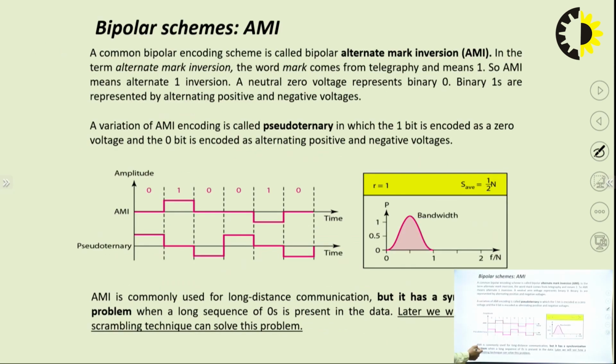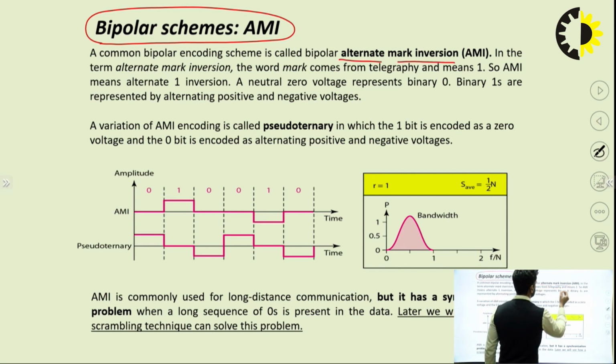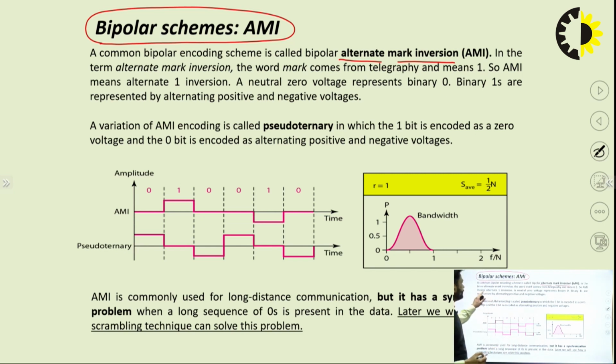Now the next type of line coding technique is bipolar. In the last lecture we have done unipolar, polar and Manchester. Now next is bipolar AMI. What is AMI? AMI is known as alternate mark inversion. In this term, the word mark comes from telegraphy, which means 1.